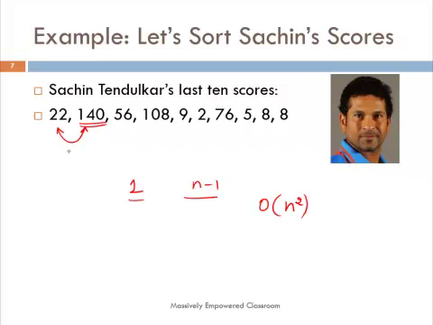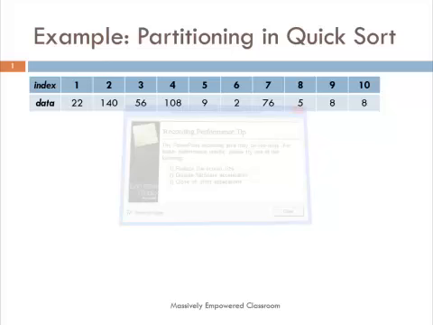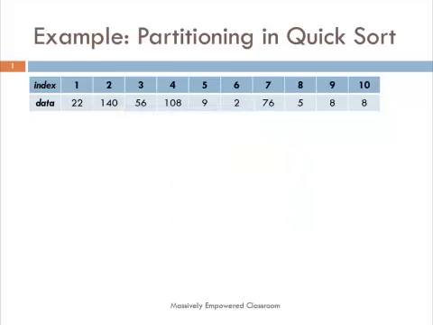But to avoid that, in our example, I have just put 22 here and 140 there, so that we get slightly better partitions. So we are given this array of 10 elements. Let's see how partition works on this. We add an extra element, the 11th element, and we put some very large value there which is greater than all the other elements.